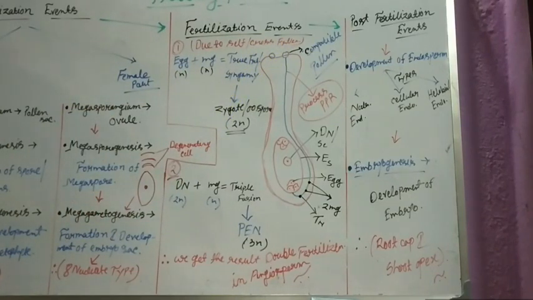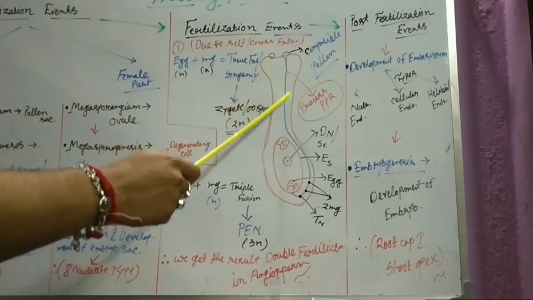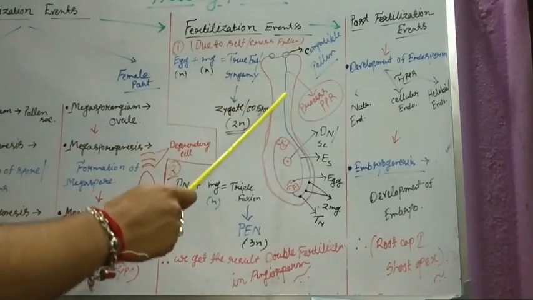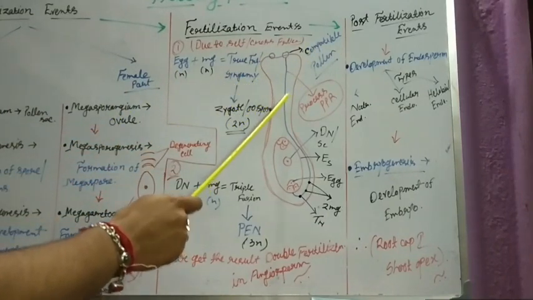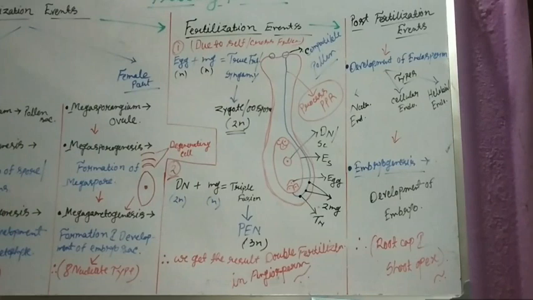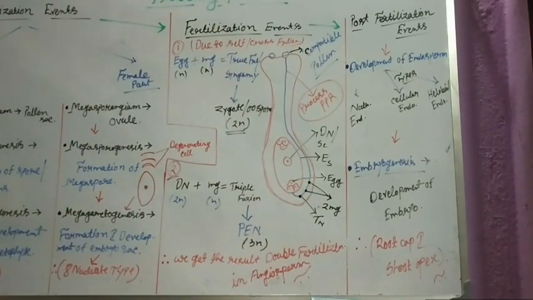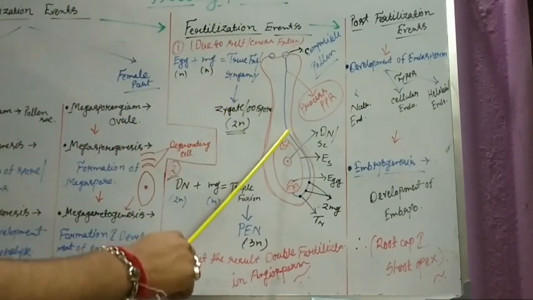Second, pollen germination and pollen tube entry into the style. This is the stigma part, this is the style part. The 2 nuclei also move into the pollen tube, with further elongation of the pollen tube into the style.